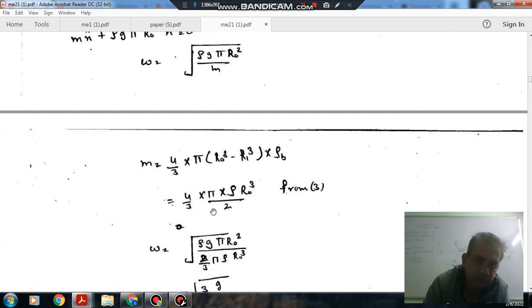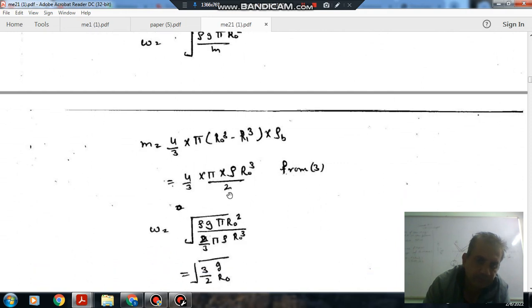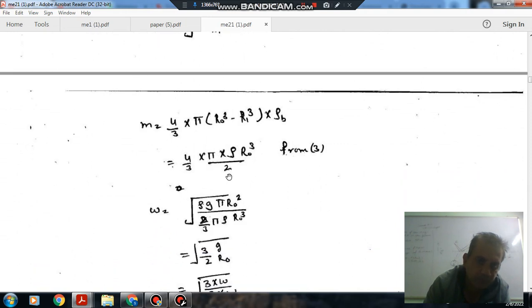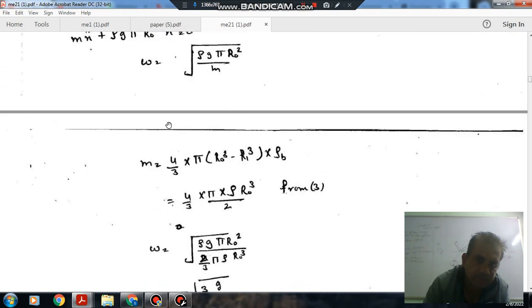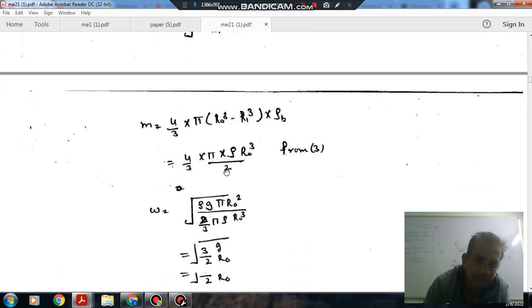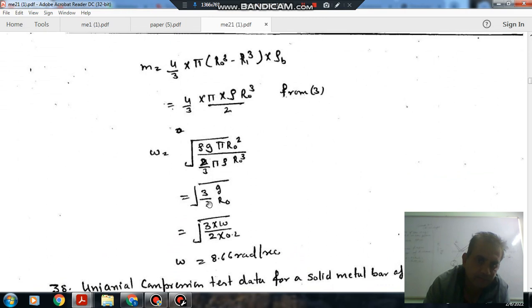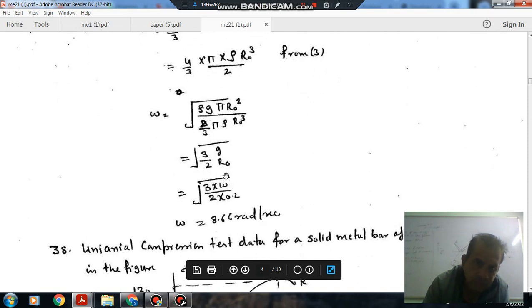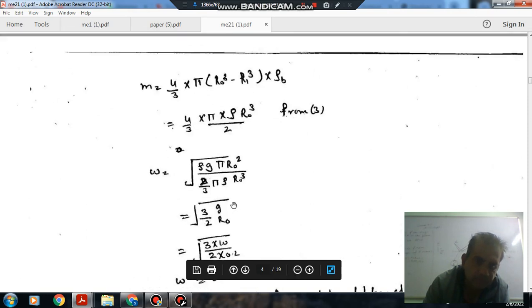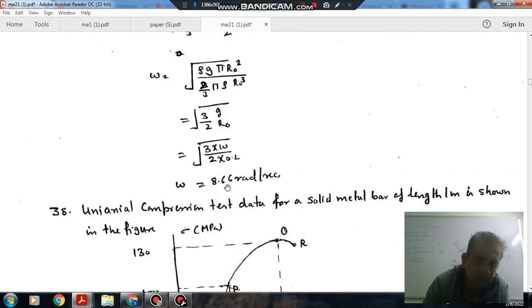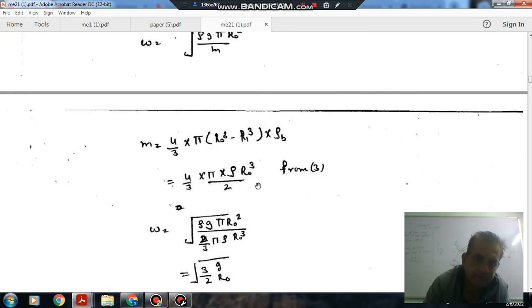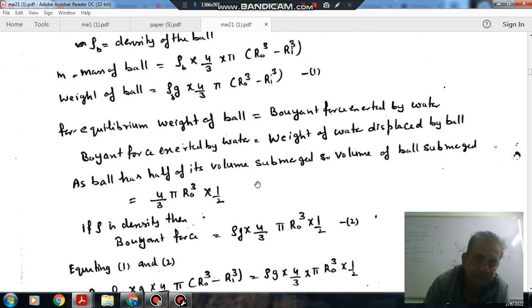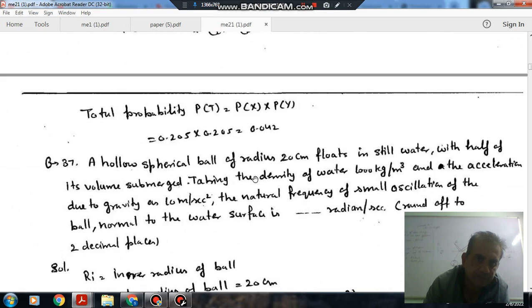From this we can get mass in terms of r naught and rho. If we put this mass here, we get 3 by 2 g by r naught. Here g is 10 and r naught is 8.2. Putting the values, we get omega as 8.66 radian per second. So the answer is 8.66 radian per second.